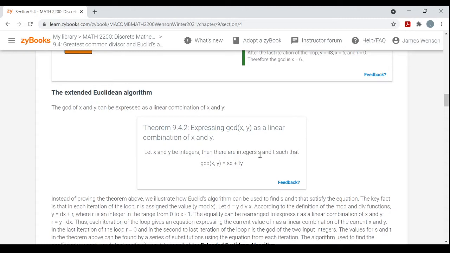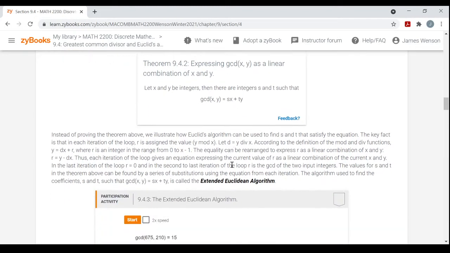Then there are integers s and t such that the greatest common divisor of x and y is sx plus ty, right? So what we're going to be doing is kind of running backwards. So I'm going to run through the Euclidean algorithm and then kind of go backwards. We're going to do a lot of substitution, as you're going to see. So the greatest common divisor of two numbers should be able to be expressed as a linear combination of those two numbers.